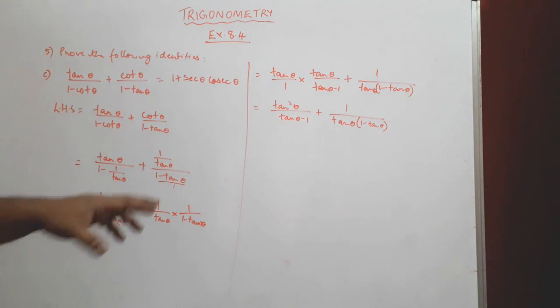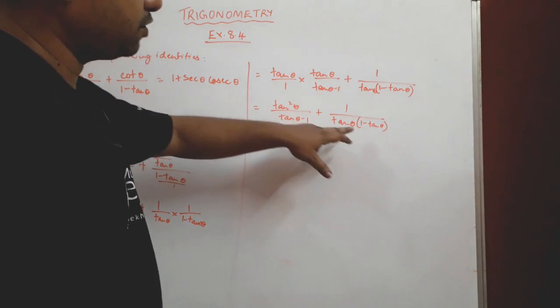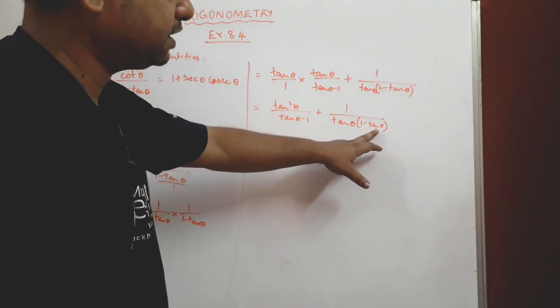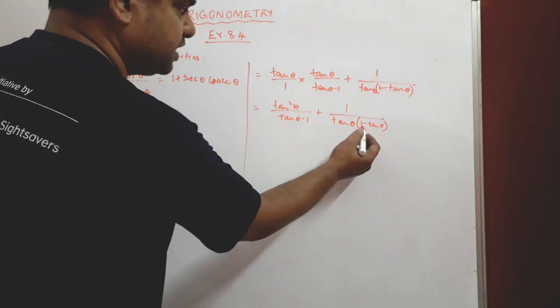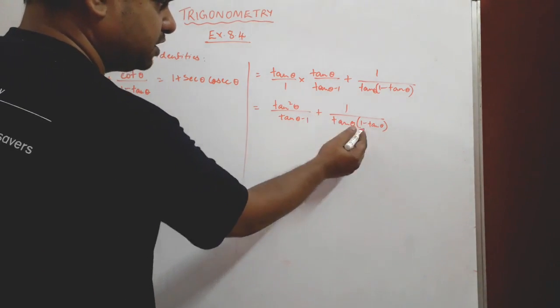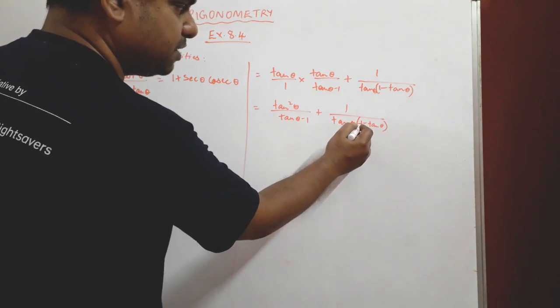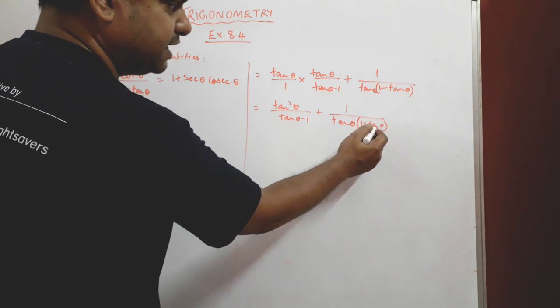Now I'll make slight adjustments over here. This is tan theta minus 1. So if I want to take the LCM, I'll have to convert this from 1 minus tan theta to tan theta minus 1. For that I'll take the minus sign common. If I take the minus sign common, the minus sign comes out over here, and what is positive will become negative, that is 1 will become negative 1, and minus tan theta will become positive.